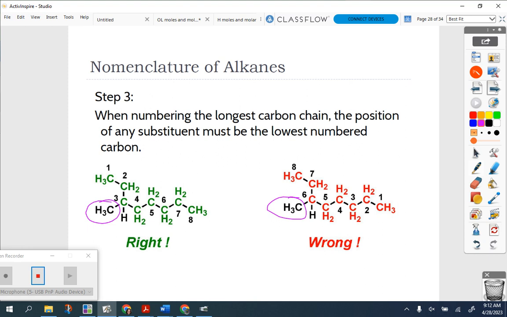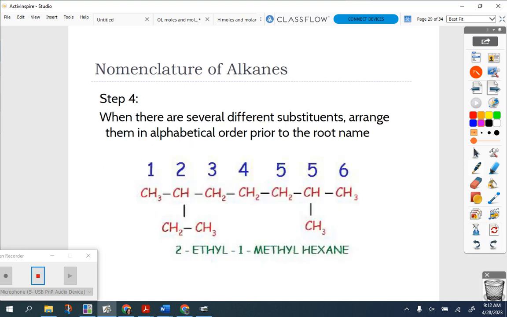Whatever the branches are, you want the sum of those numbers, if there's multiple of them, to be as small as possible. If you've got something like ethyl and methyl, the ethyl goes first because E comes before M. In the example that I just did, even though it was trimethyl, M still comes before P, so it goes before the propyl.